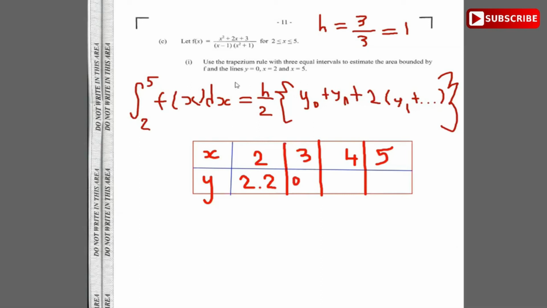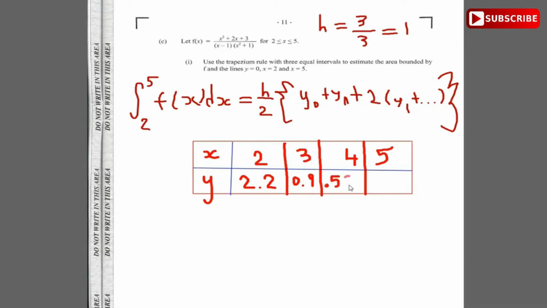Then I put in 4. I get 4 squared plus 2 times 4 plus 3 is 27, divided by 3 times, 4 squared is 16 plus 1 is 17. I get 0.53.